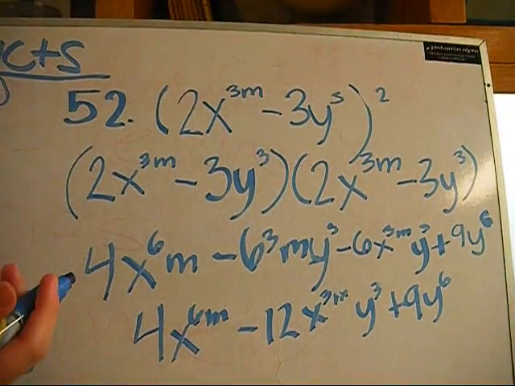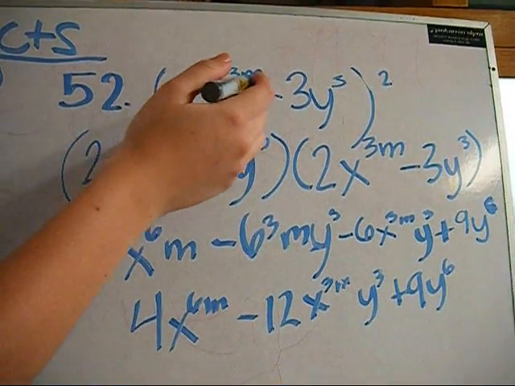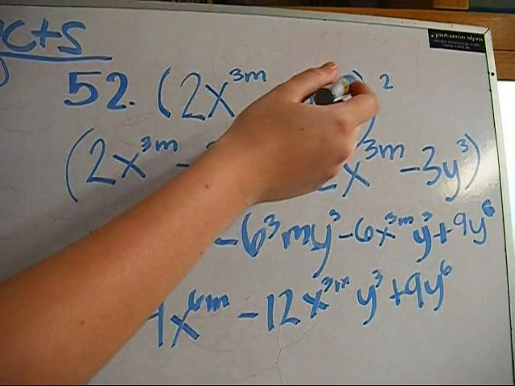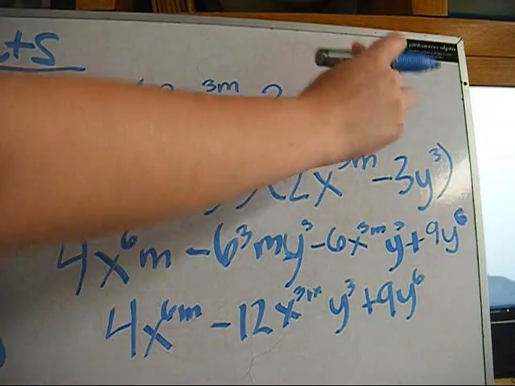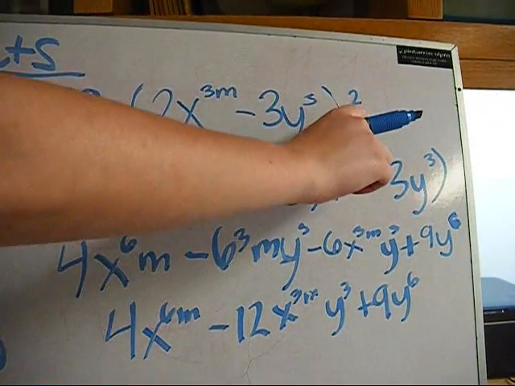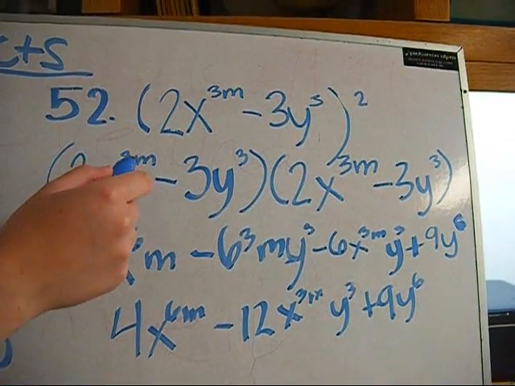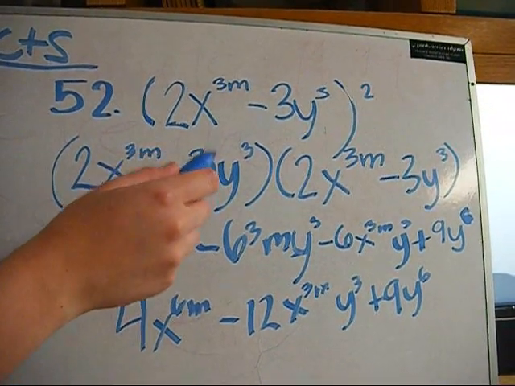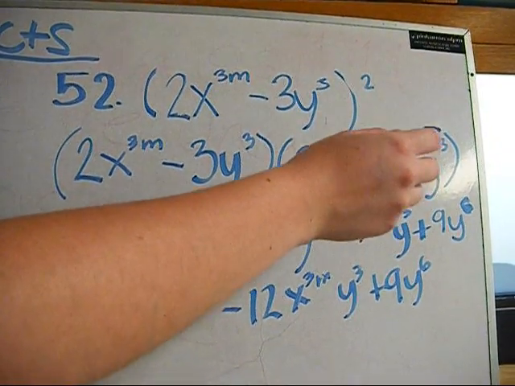Okay, so in the next problem, that is our last problem, we're going to have 2x to the cubic minus 3y to the cubic, and this is going to be to the second power. So the thing is that you need to separate them in two because it says to the second. So we are going to have 2x to the cubic minus 3y to the cubic times 2x to the cubic minus 3y to the cubic.